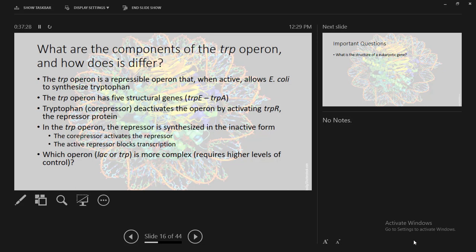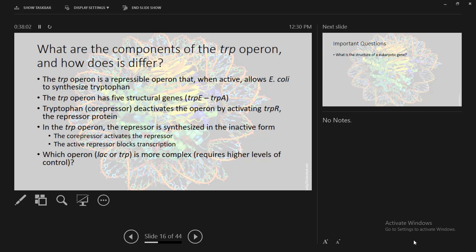So with the lac operon, it's both the operator regulating the transcription and a second protein called the CAP protein regulating the transcription. So as far as levels of control are concerned, the lac operon is more sophisticated. It's not just a matter of getting the repressor to not bind. You also have to get that CAP protein to recruit and encourage RNA polymerase. So it's more complex. There's a higher level of control.